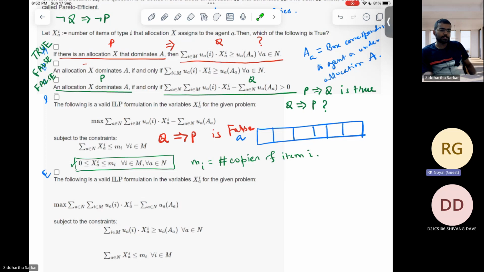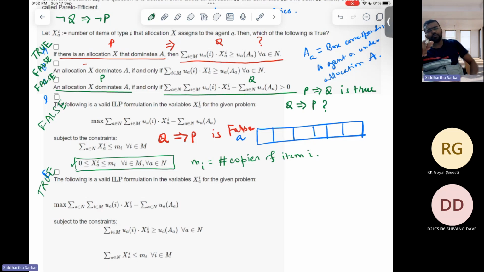Yes. This is same as the first option of this problem. Yes. So this is the correct ILP formulation, whereas this one is not completely specified. This is only a partial representation. So this formulation is correct, whereas this formulation is not correct.